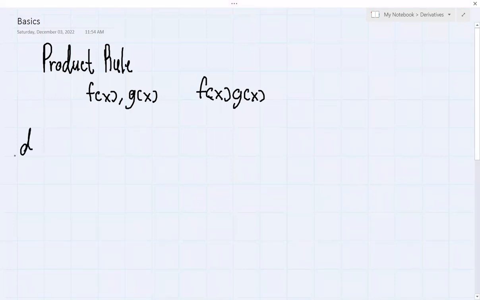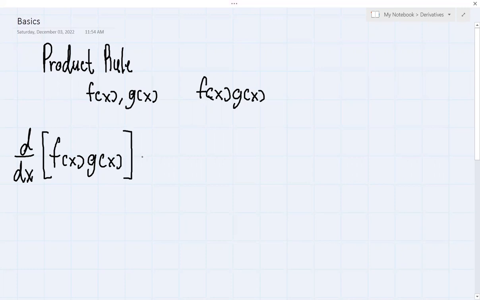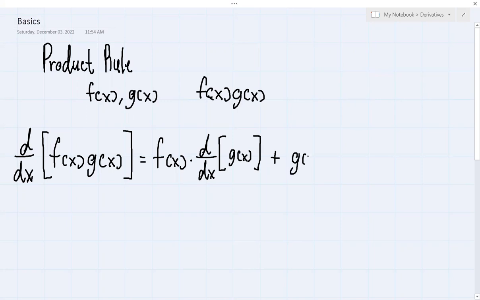So, ang derivative ng f of x times g of x is equal to f of x times the derivative of g of x plus g of x times the derivative of f of x.